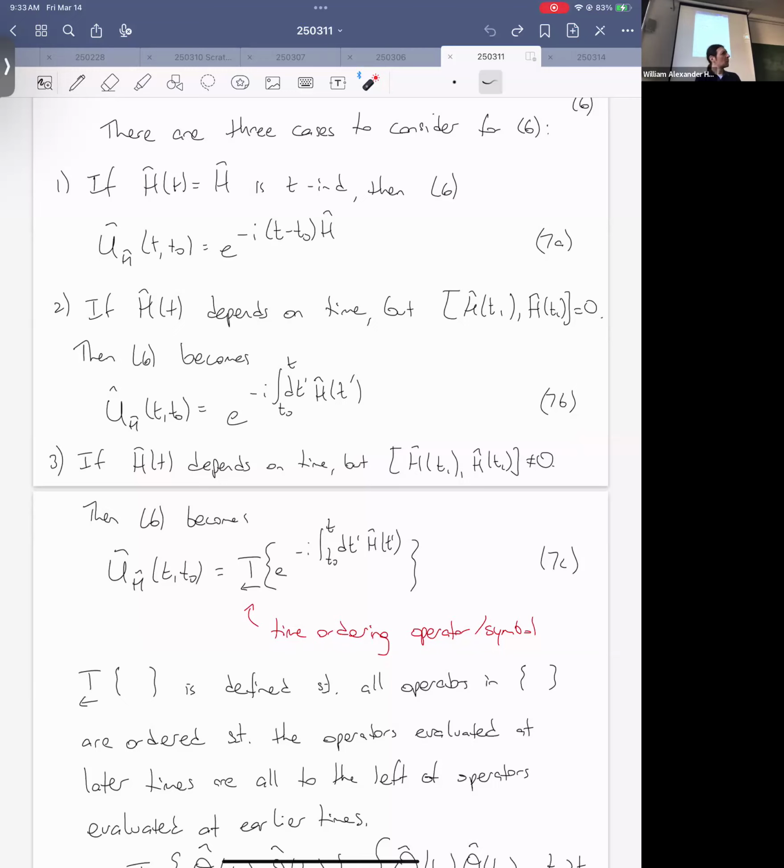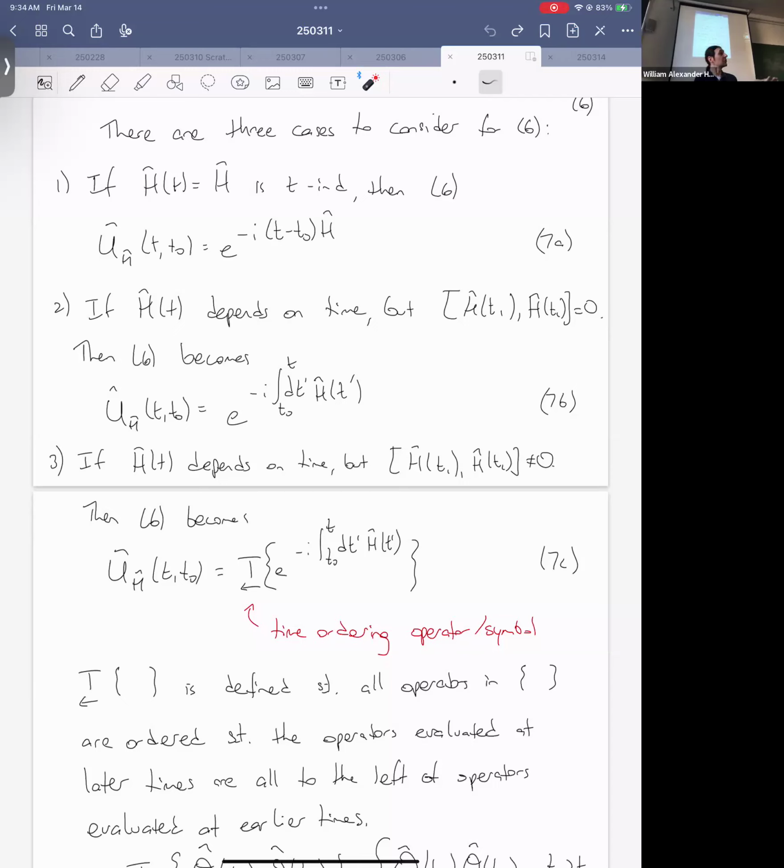I gave you a homework problem with three different examples. Spoiler alert: in the first one, the Hamiltonian is time independent. In the second, the Hamiltonian is time dependent but commutes with itself. In the third, the Hamiltonian is time dependent but does not commute with itself. You might have thought, boy, that seemed very artificial.